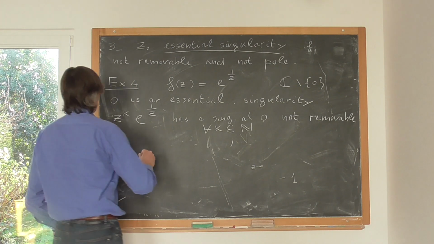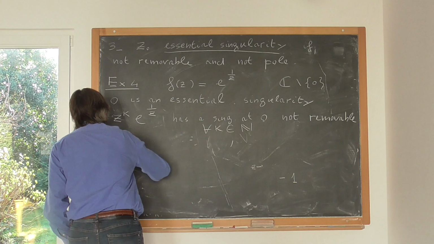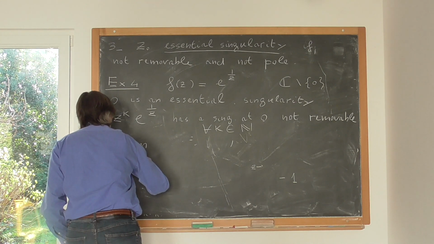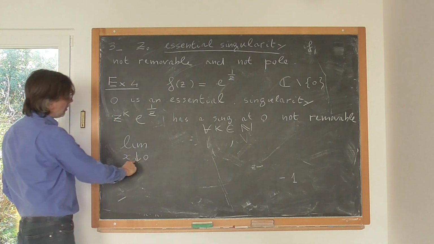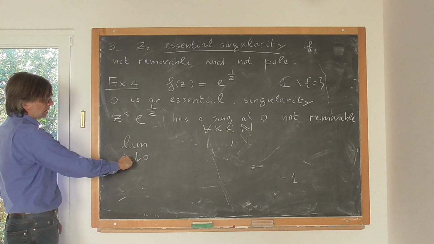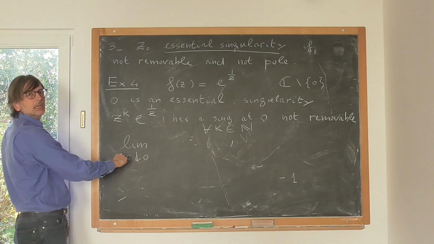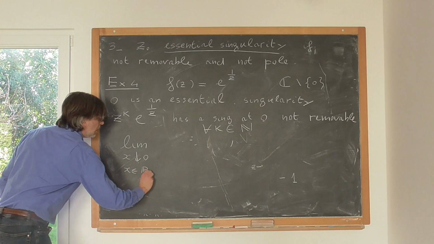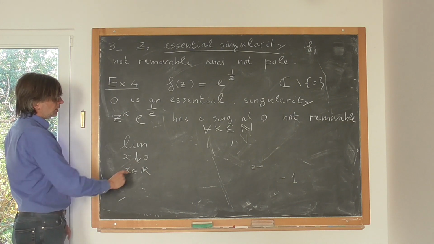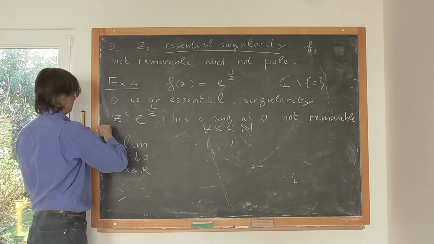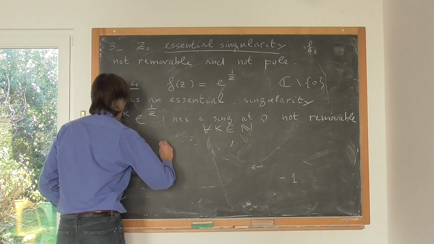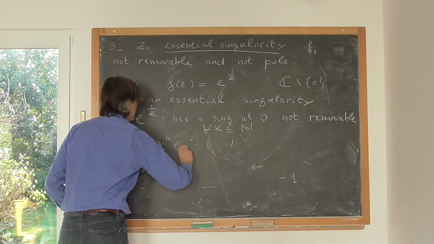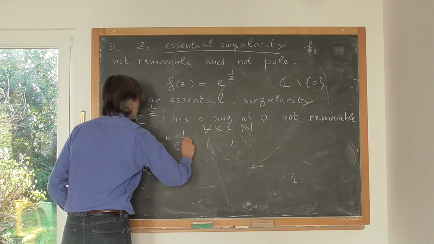In other words, we look at the limit where x is going to 0 from above. This notation means in particular that x is a real number converging to 0 from the right. And we look at the function x to the power k exponential of 1 over x.